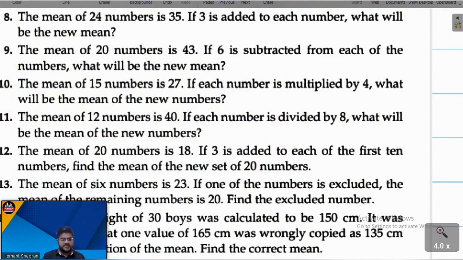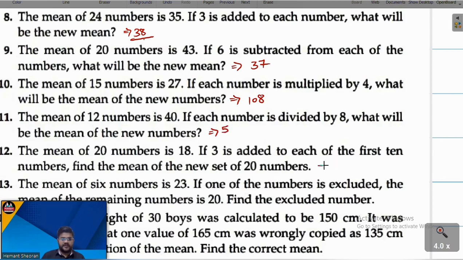Okay, then question number 8, if we discuss. What answer are you having? 38. 38 is perfect. Good. Okay, then question number 9. So new mean, they are asking the same kind of question. 37. 37 is also correct. Good. Then question number 10. 108. Yeah, perfect. 108 is also good. Then question number 11. 5. It's just a 5. Yeah. Question number 12.